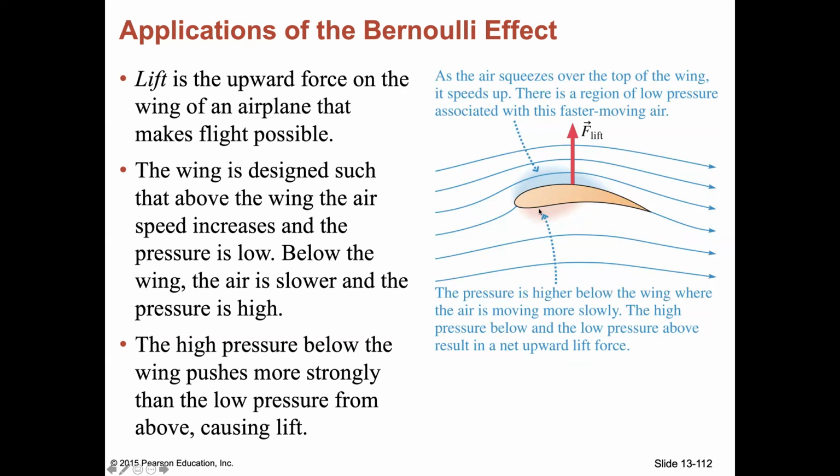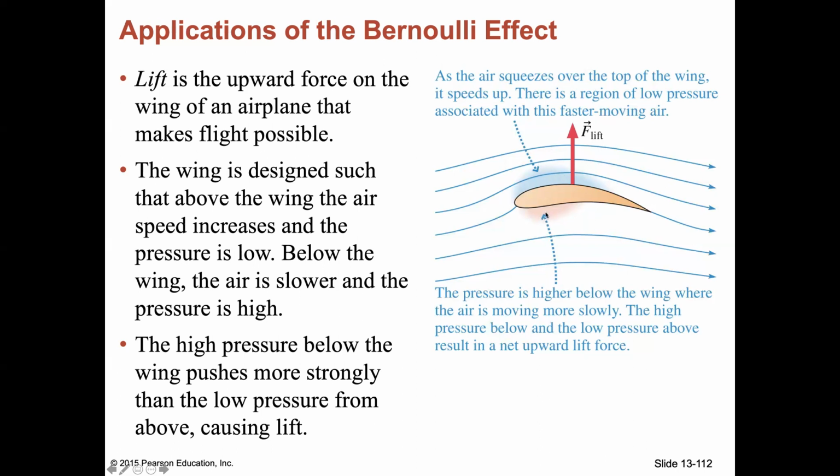So it's designed into a special shape so that when air passes the wings, the streamlines above the wing are denser, and streamlines below the wing are less dense. Because it's denser above, the air flows faster above the wing, and that results in a low pressure.